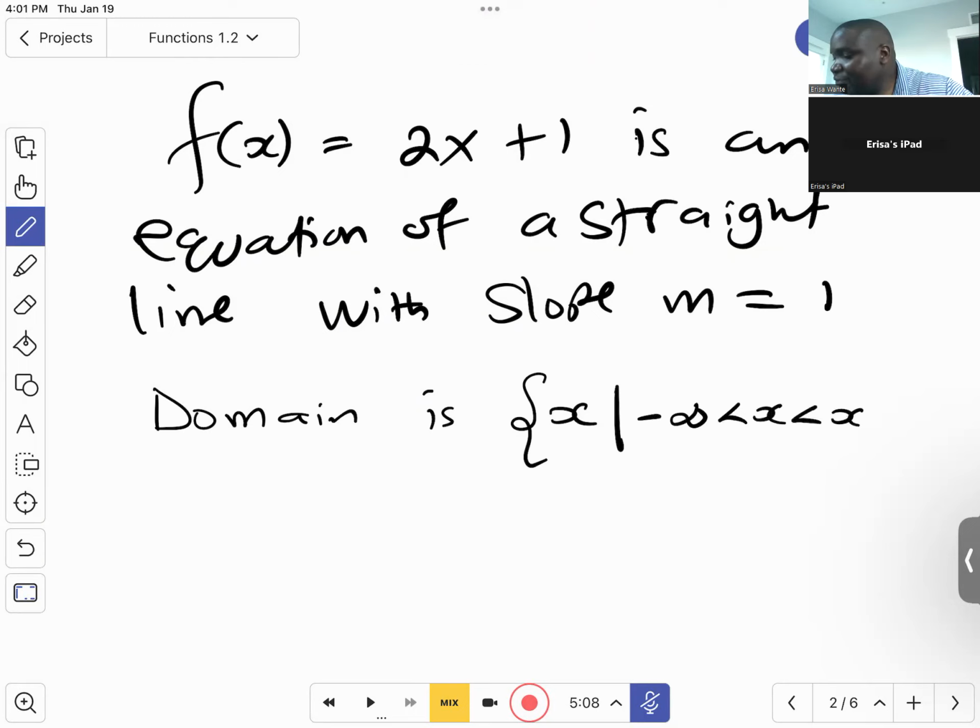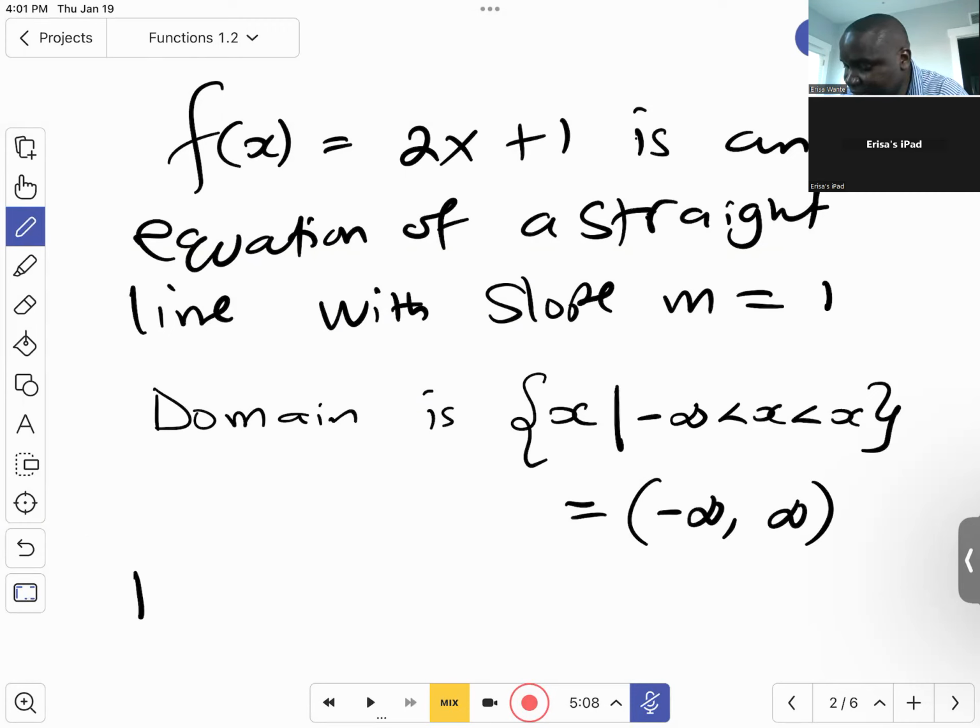It is defined for all values of x, and in interval notation it is negative infinity up to positive infinity.